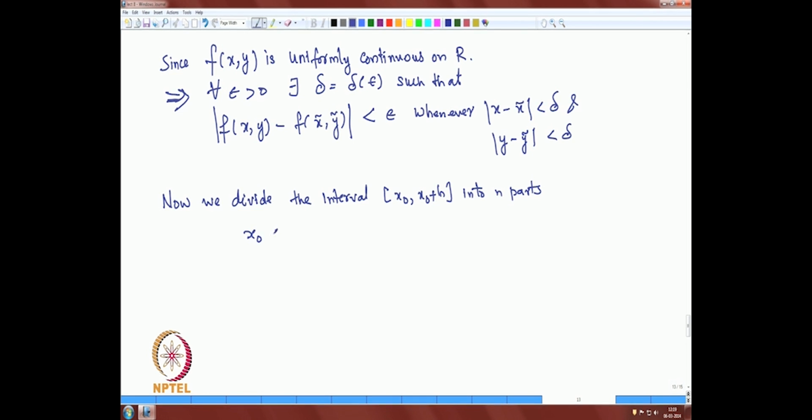Say x0 is the first point, then x1 less than x2 less than x3, and so on up to xn, the last point, which is x0 plus h. And make the maximum of x_k minus x_(k-1), for any k, less than or equal to the minimum of delta, which is delta of epsilon we defined just above, and delta epsilon by M.